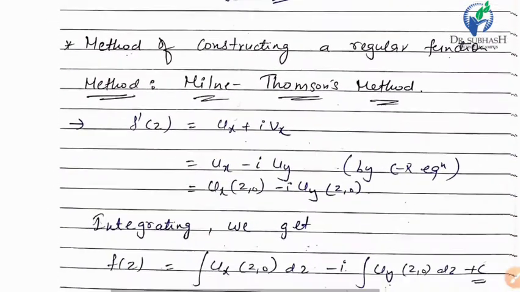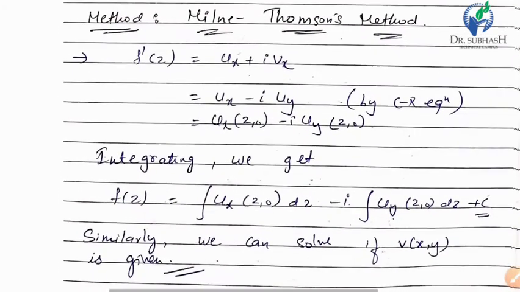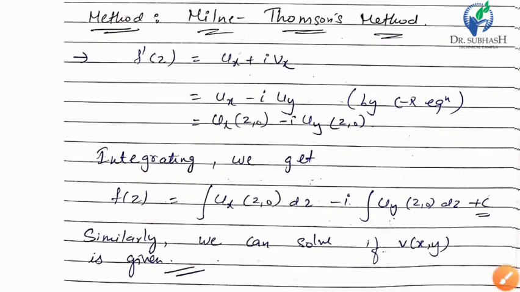Now let us move towards Milne-Thomson method. This method is used to find the analytic function when one of the functions, either u(x,y) or v(x,y), is given to us. The method is, first we need this formula f dash z equal to ux plus i vx.